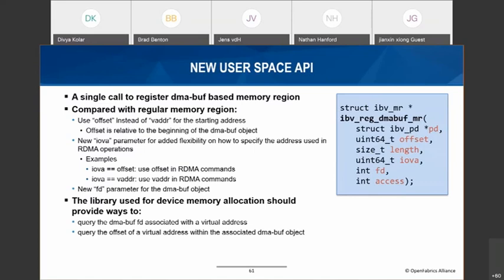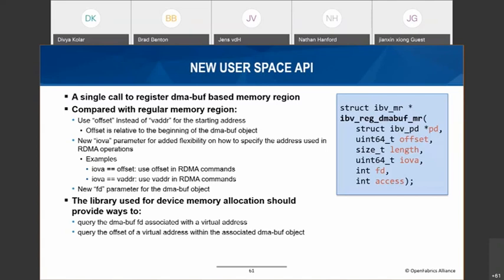And the user space API is greatly simplified. Now we have only one new API for memory registration for the DMA-BUF based memory region. So compared with the regular memory registration, the API has some different things. One is the parameter. So instead of passing a virtual address to the API, we need to pass an offset. This offset is relative to the beginning of the DMA-BUF object.